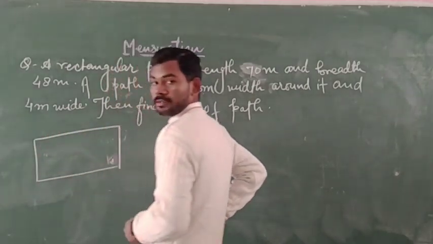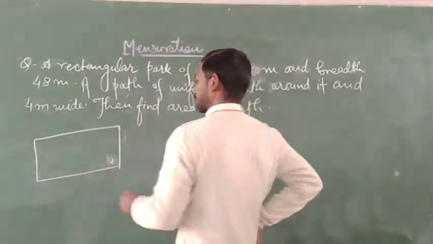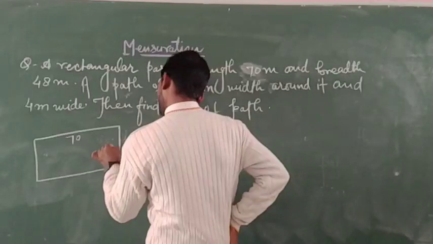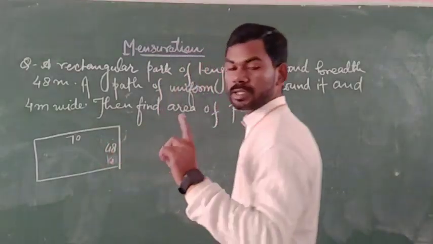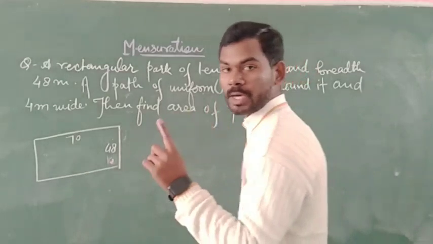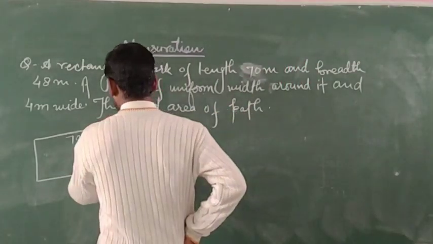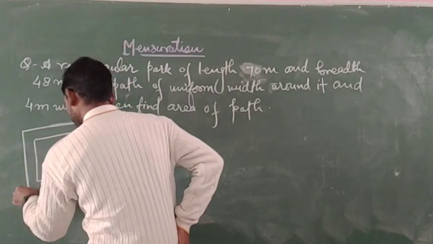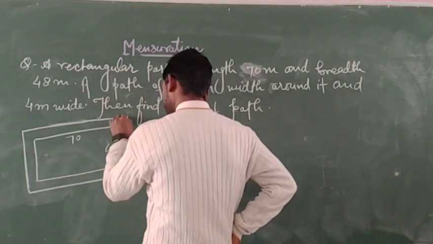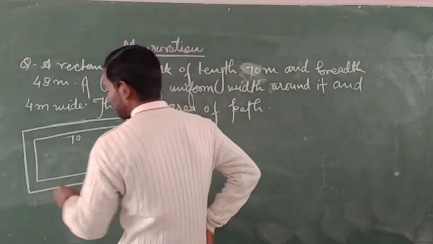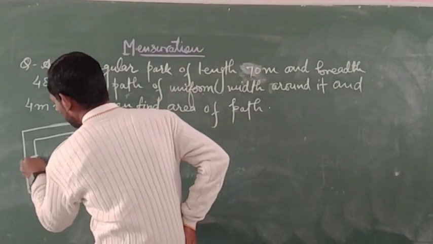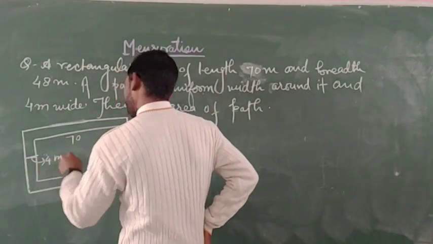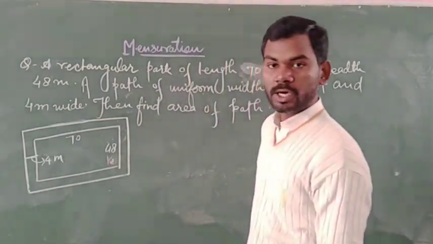This is a rectangle, the length is 70 meter and the width is 48 meter. There is a path outside and around it, and the width of the path will be 4 meter. So we have to find the area of the path.